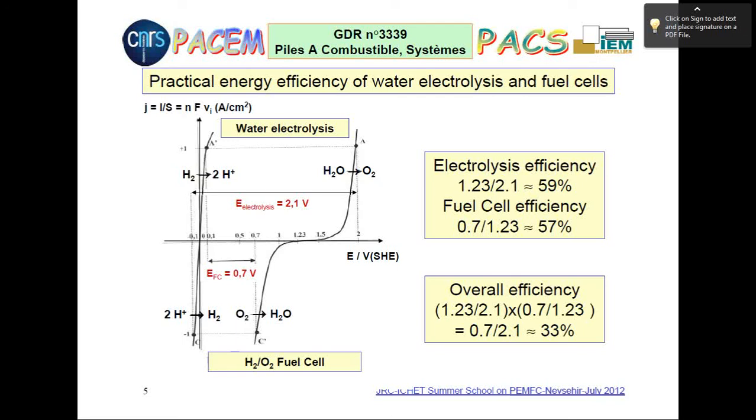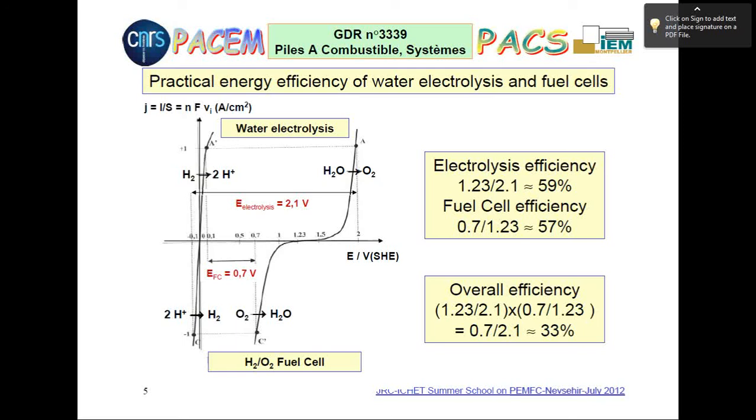So, by definition, anodic current is positive and cathodic current is negative. Anode means oxidation, cathode means reduction. So the difference between these 2 points, that's the cell voltage for electrolysis, which is 2.1 volt. That's the example. For the fuel cells, the cell voltage is the difference between the anode potential and the cathode potential at that point, which is positive.